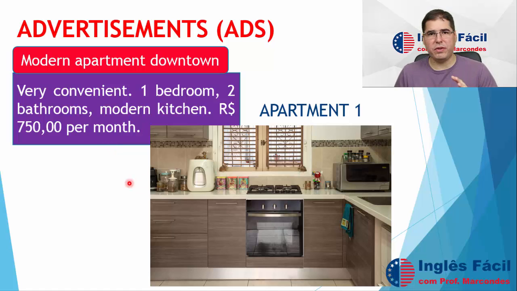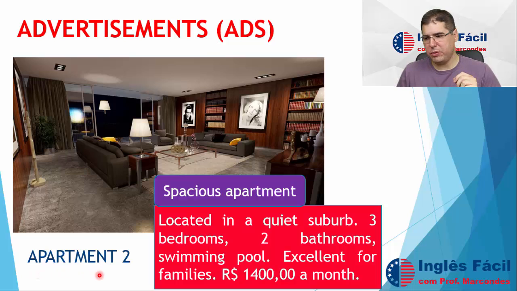Here we have a picture of the apartment and we have some information about this apartment, right? We know it's very convenient because it's downtown. We know it's modern. It has 1 bedroom, 2 bathrooms, okay? And a modern kitchen. And we also know how much is the rent, right? 750 reais per month.